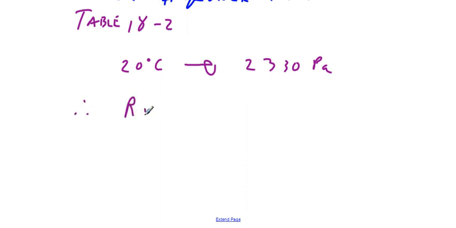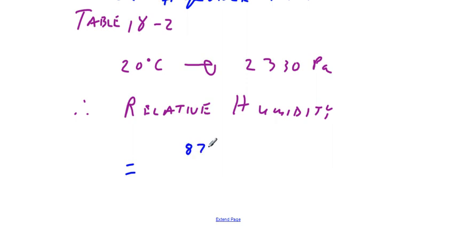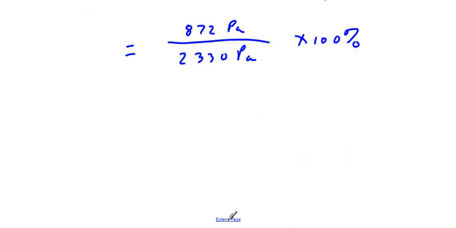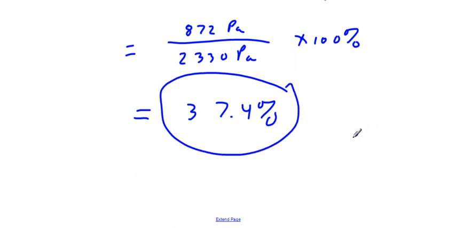Well, relative humidity is whatever I was bringing in, 872 pascals of pressure of water, over the 2330 that the room could have, but the only place I'm getting the water from is the outside air, and I would have the relative humidity being at 37.4% after I throw that in my calculator, and that would be my final answer.